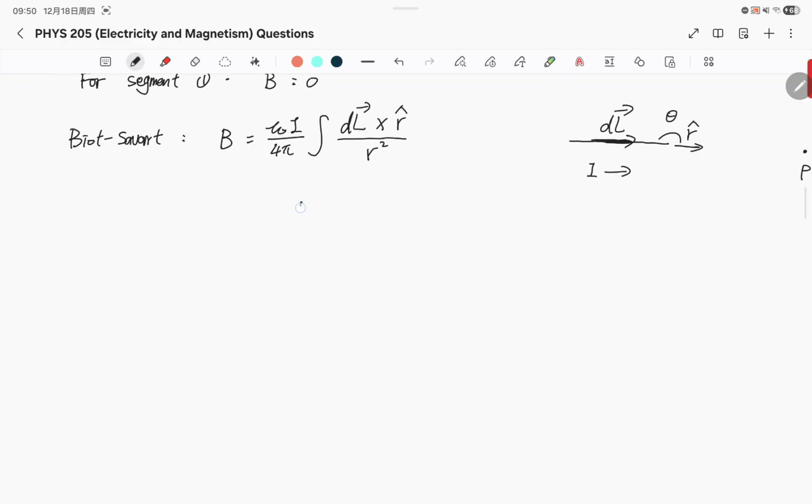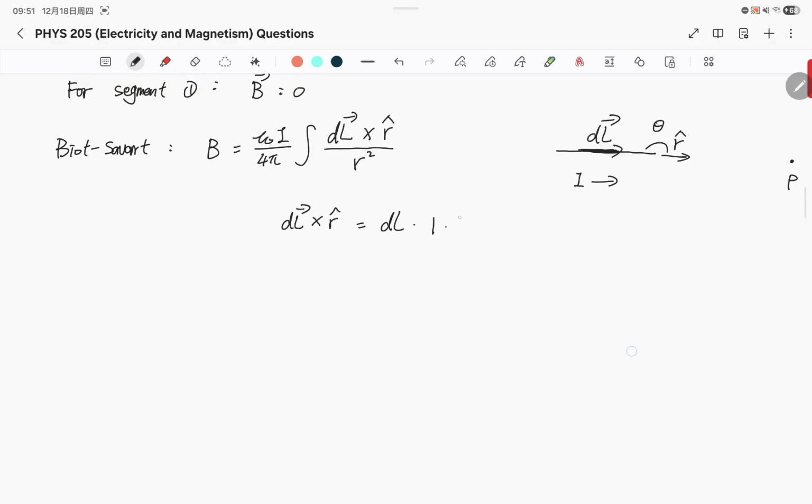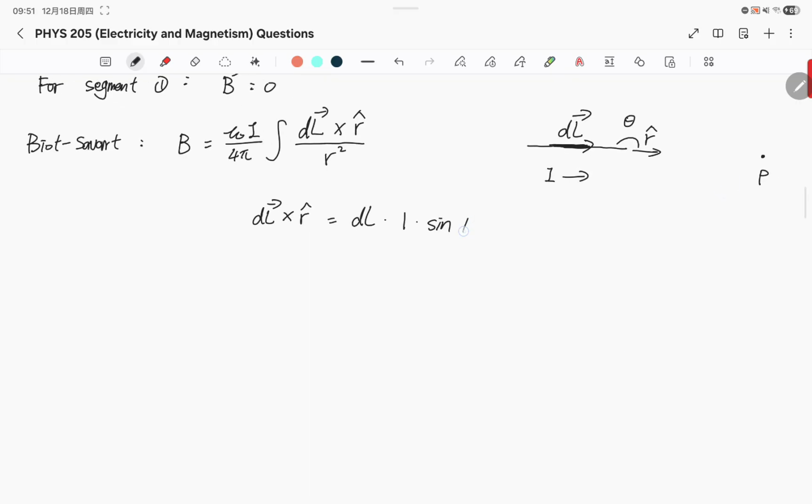So dl cross r hat is equal to dl times 1. Like I said, r hat, the unit vector, has a magnitude of 1. And don't forget to multiply by the sine of the angle between them, since this is a cross product. What's the angle between dl and r hat?